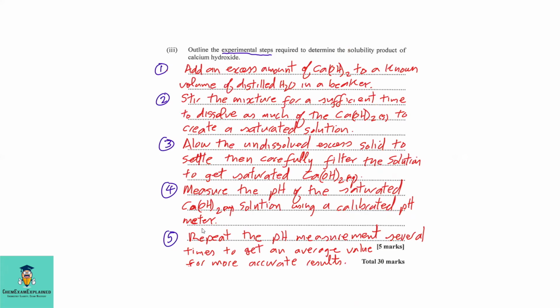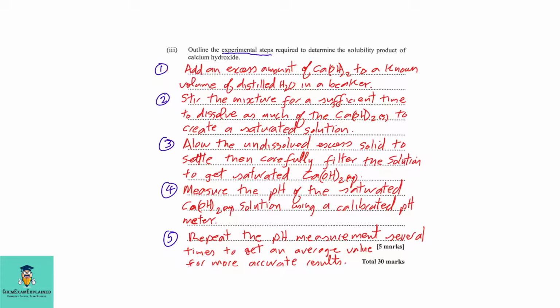D part 3. Outline the experimental steps required to determine the solubility product of calcium hydroxide. So we're going to be looking at one of 2 ways. The first way is to find our OH minus ions using a pH meter.